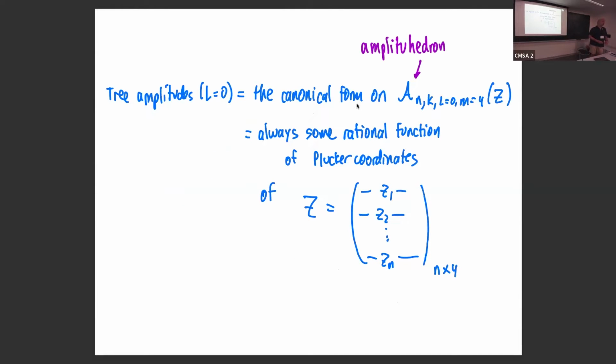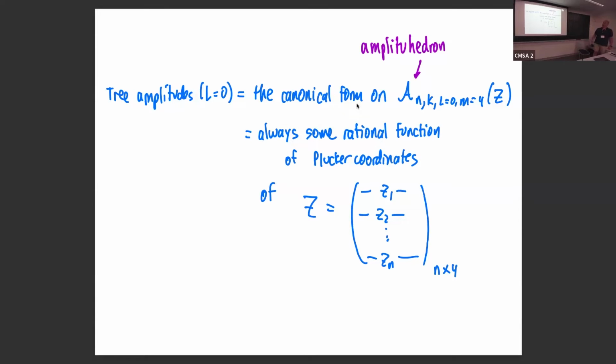Okay, so just to orient the rest of my talk with what we've seen already in previous talks today, tree level amplitudes, those with L=0, are the canonical form on the Amplituhedron, which is conjectured to be a positive geometry. We've heard a lot about that from Thomas Lam's talk, so he explained what the notion of canonical form is.